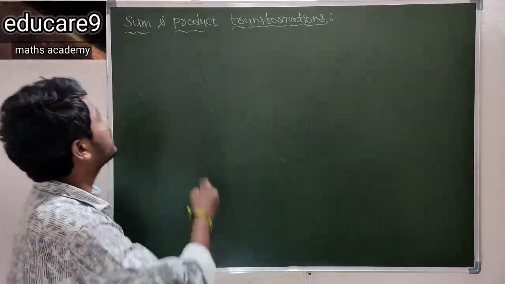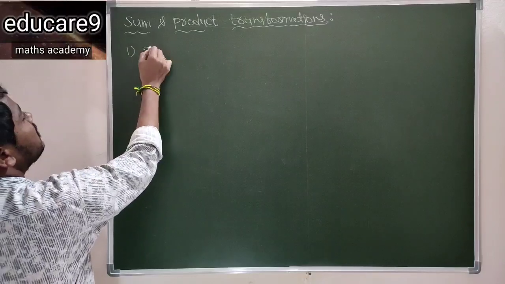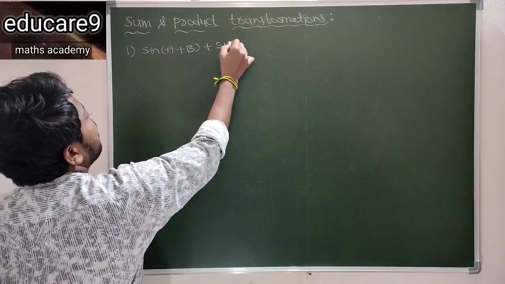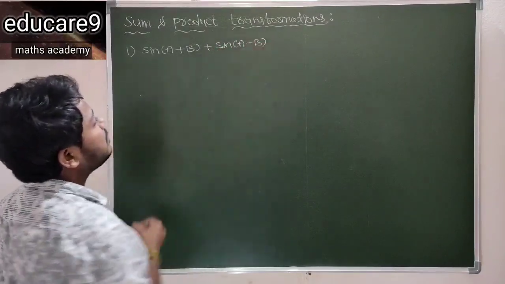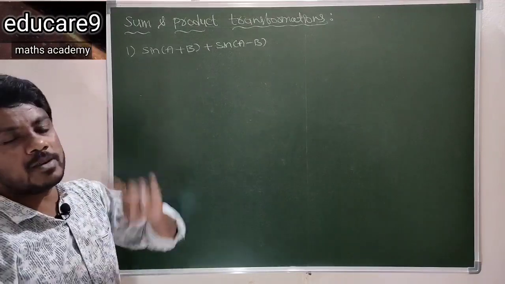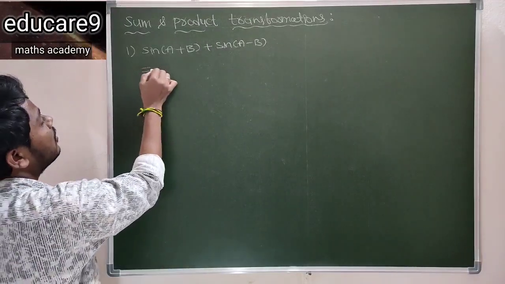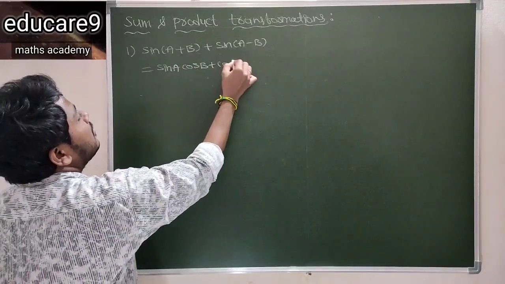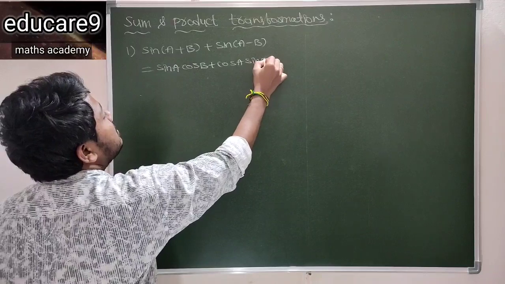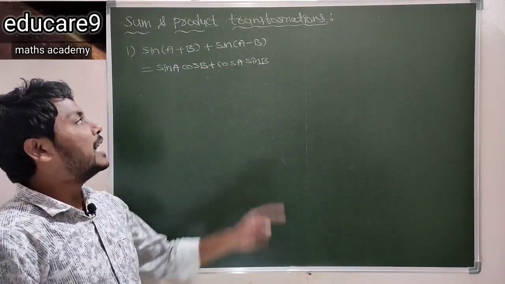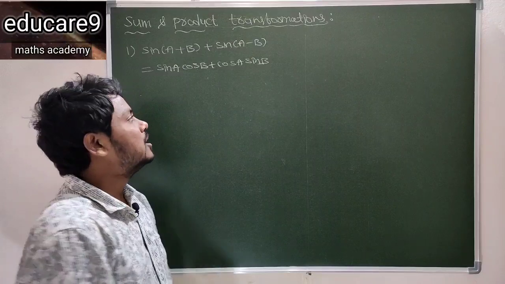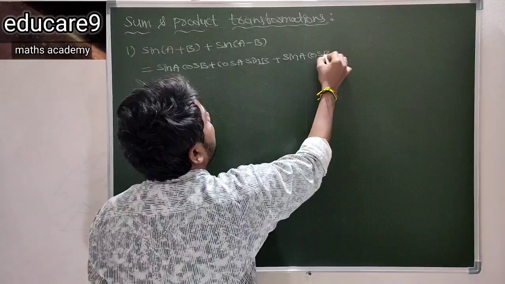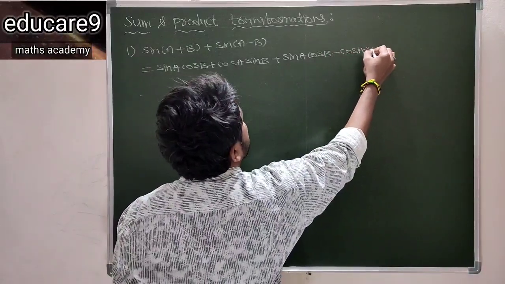So see here, first, sin of a plus b plus sin of a minus b. So you know that sin of a plus b formula. So what is that formula? Sin a cos b plus cos a sin b. This is the sin of a plus b formula, and the sin of a minus b formula is sin a cos b minus cos a sin b.